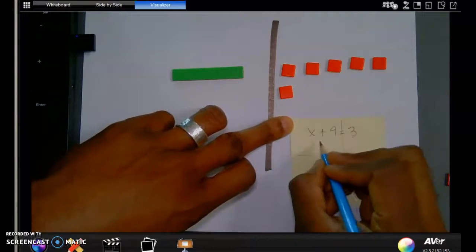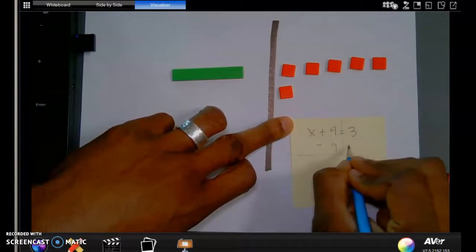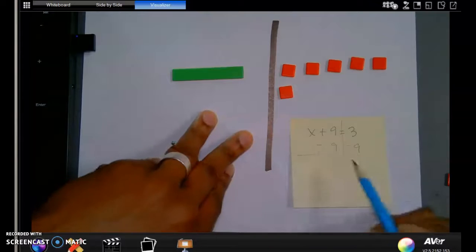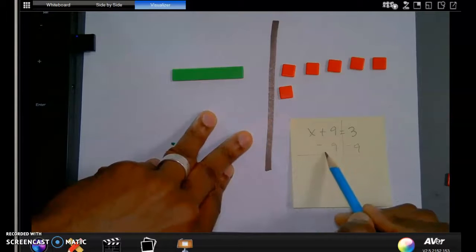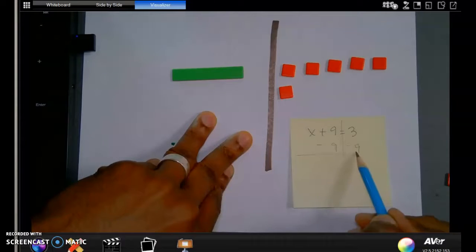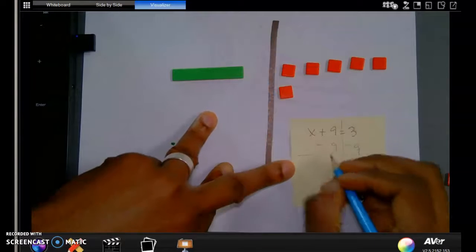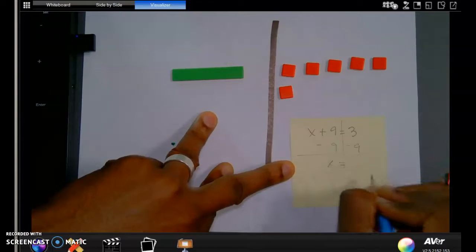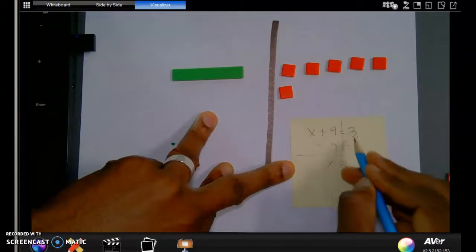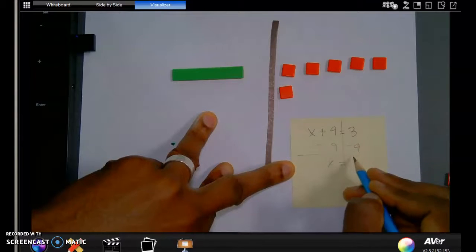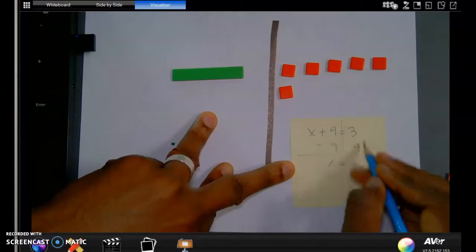Okay, so I'm going to do exactly what I did in my model where I subtracted 9 or added 9 negatives to both sides. Okay, so you see where I drew the line, how that mirrors that, leaving x by itself. 3 plus a -9. I can say that when I'm combining my integers.